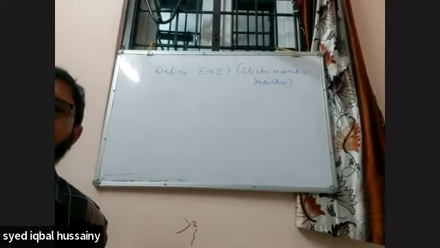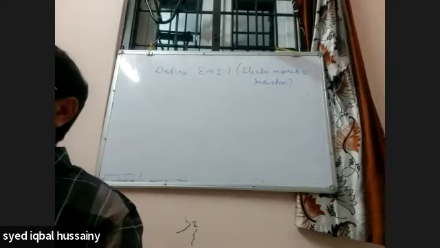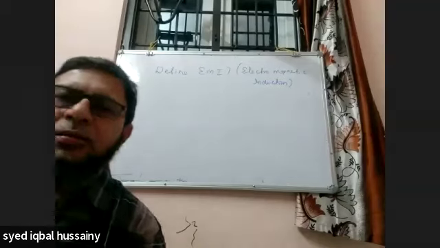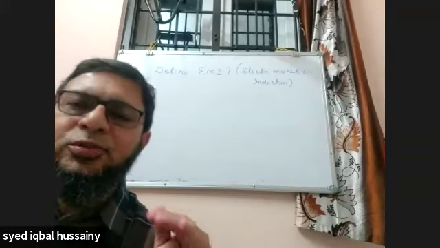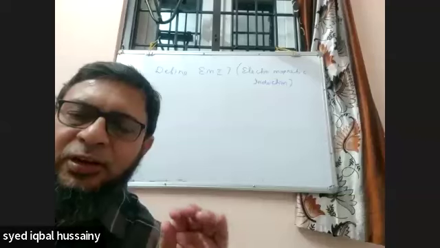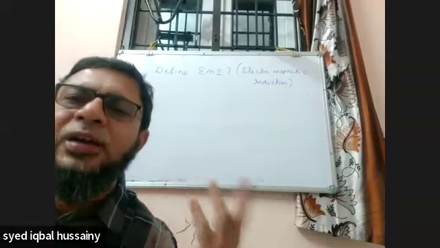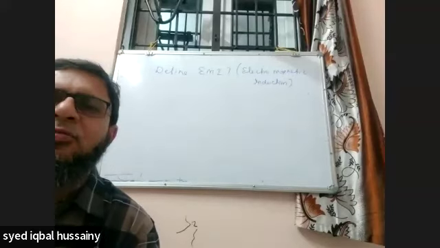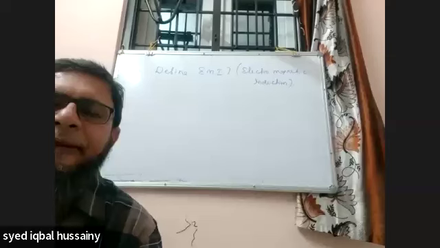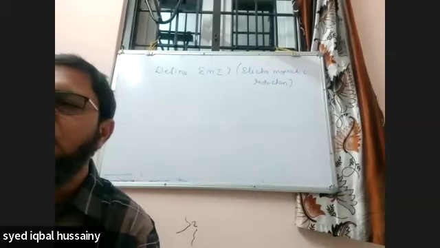It is the production of induced EMF and hence induced current. Induced EMF, electromotive force. Induced EMF से क्या बनता है? Induced current बनता है. So write down properly. It is the production of induced EMF and hence induced current.